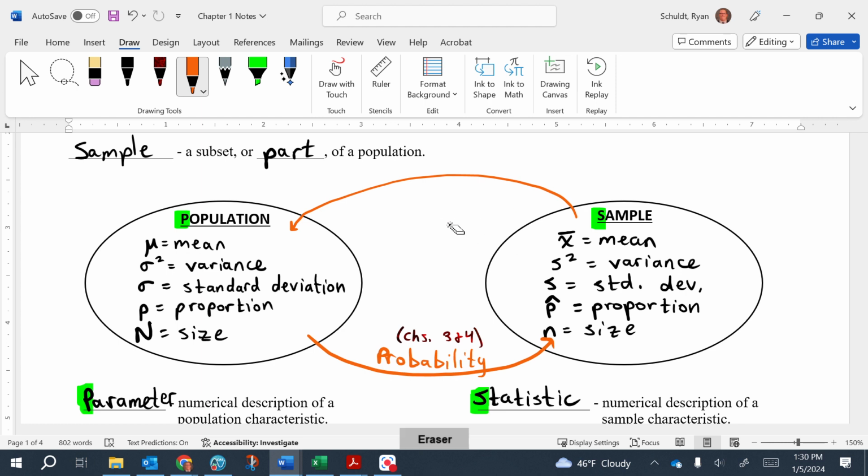So this is where we use statistics, and we do that to gain info. Like if I take 20 different samples in here, and the average of those 20 averages is, let's say, 17.9, well then that tells me something.